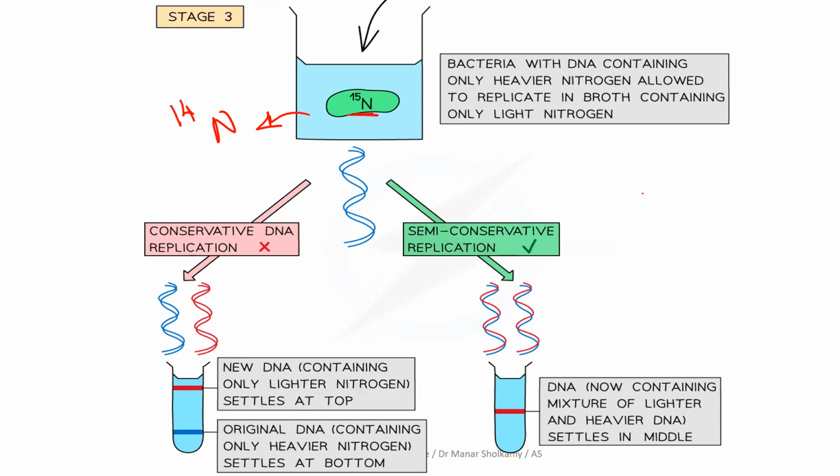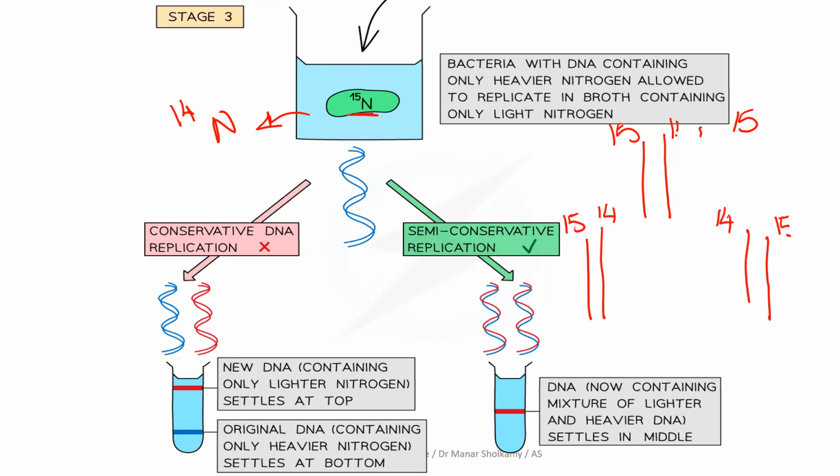We originally had two polynucleotide strands with heavy nitrogen, 15 and 15. If semi-conservative replication took place, these two strands will split, and every strand will make a complementary strand that is light, 14.